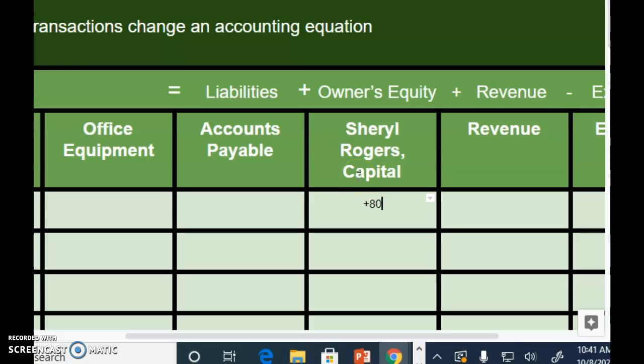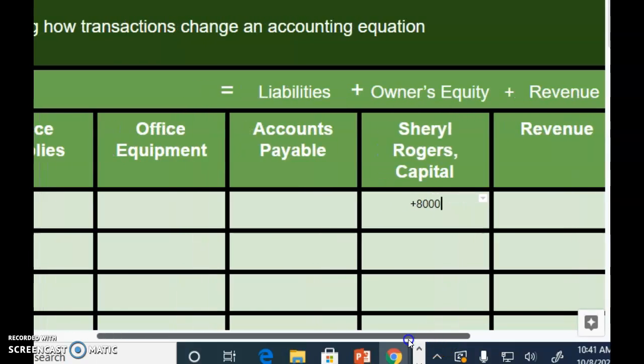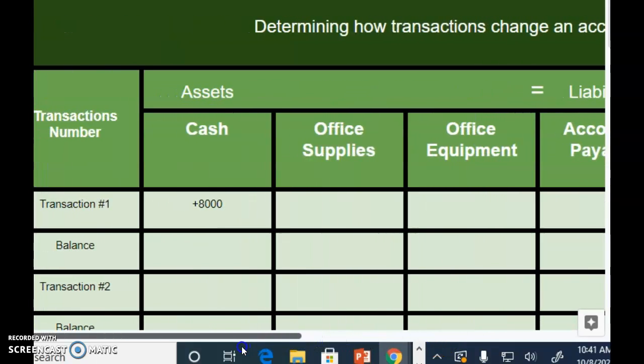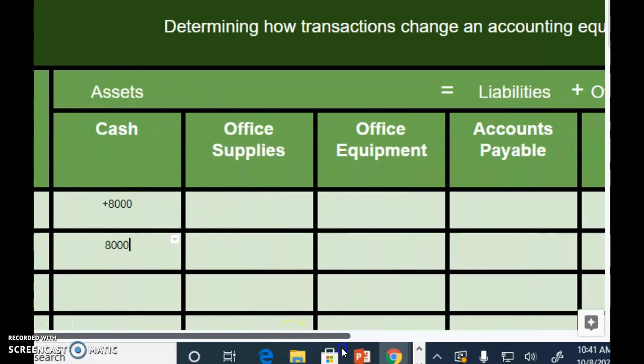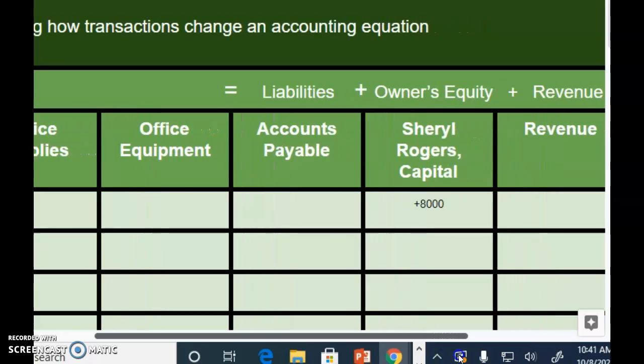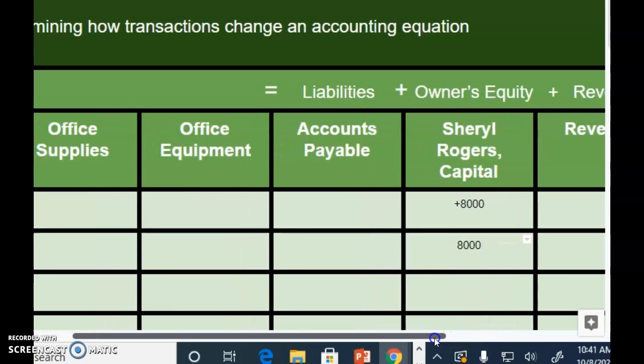Now, for this one, I have given you a balance after every transaction. So then you will put the balance. And you see only 2 of your accounts have a balance at this time. So just leave the others blank. You don't need to put anything in them right now. Now that is your first transaction I've done as an example for you.